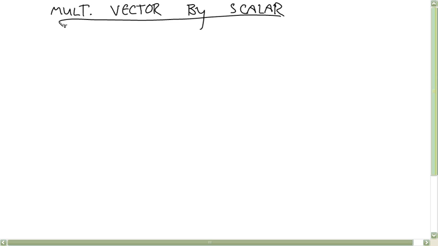Once you have your vectors as components, there are a few calculations that we're going to want to do over and over again. So to multiply a vector by a scalar, say that C is a scalar and your vector is x, y, z. You just multiply each of the components by C. So you get Cx, Cy, Cz.